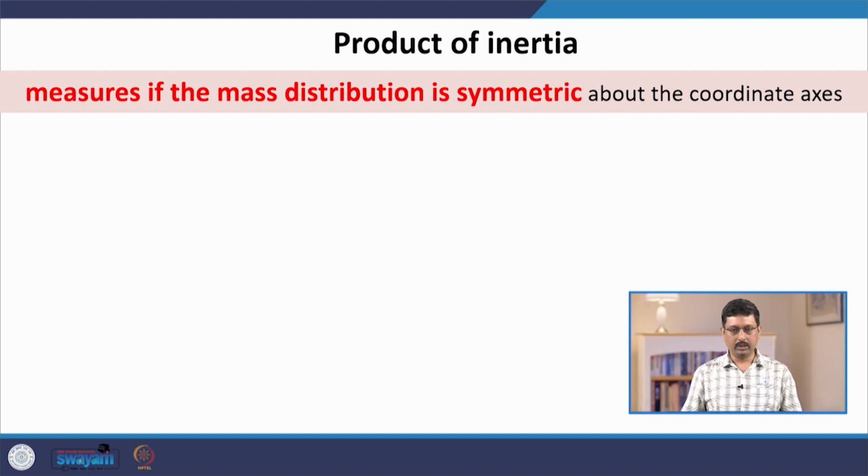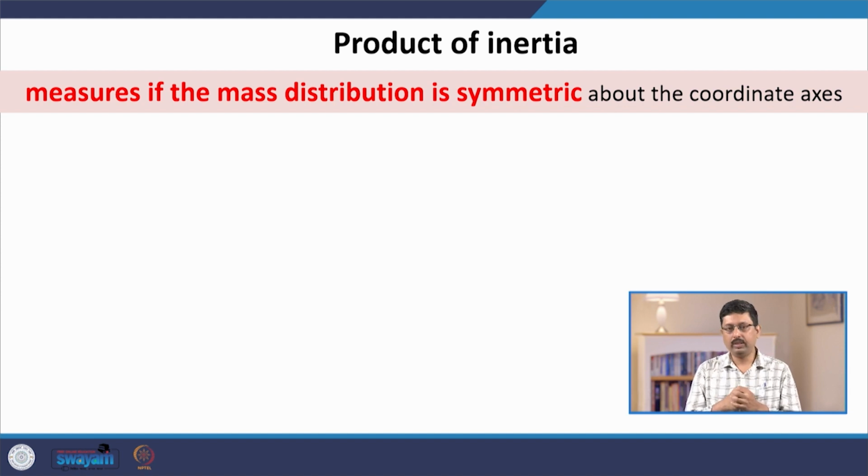So far, the moments of inertia I_xx, I_yy and I_zz measure the spread of the mass distribution about the axis of rotation, if we choose the x axis, y axis, z axis as our axis of rotation.